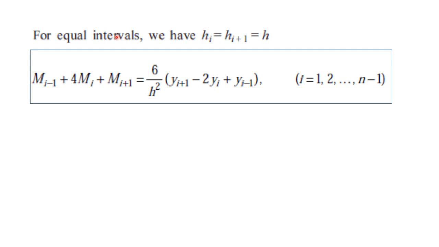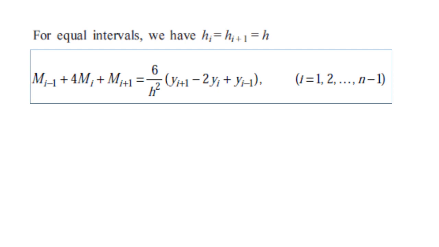And for the case of equal intervals, that means if the points are equally spaced, all h values are equal. So our recurrence relation becomes very simple, like this: mi minus 1 plus 4mi plus mi plus 1 equal to 6 by h square into yi plus 1 minus 2yi plus yi minus 1.